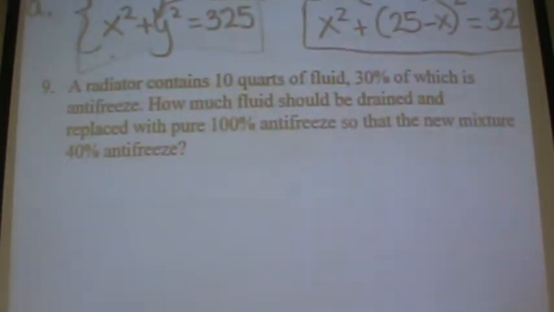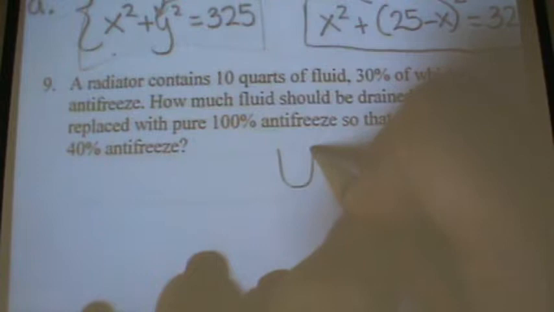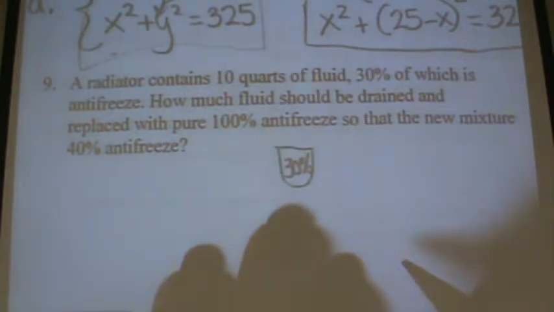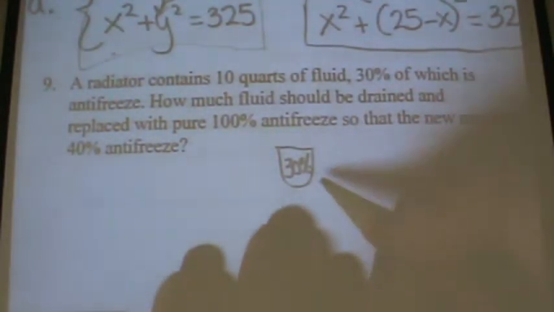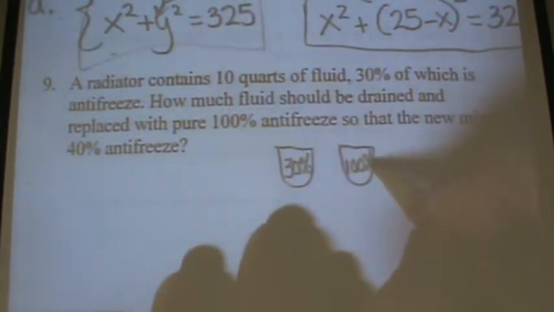Okay, number 9. This is a mixture problem. You've got 10 quarts of fluid. One of your fluids is 30%, on the weak side, it's antifreeze. We want to put some of this and some pure antifreeze, which is strong stuff.